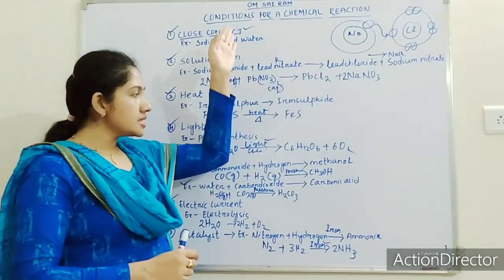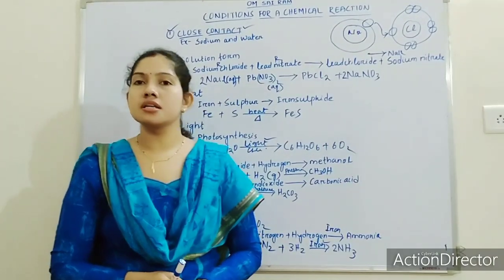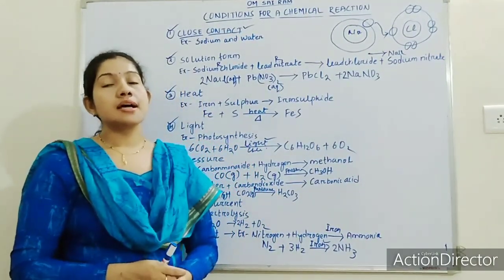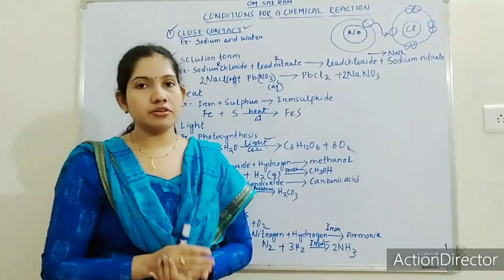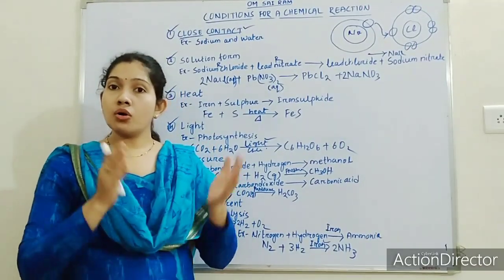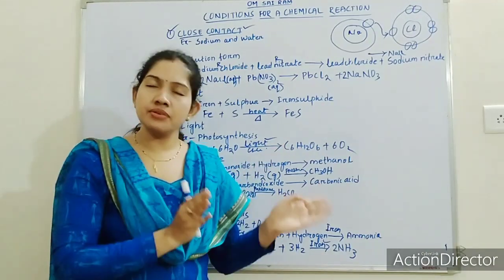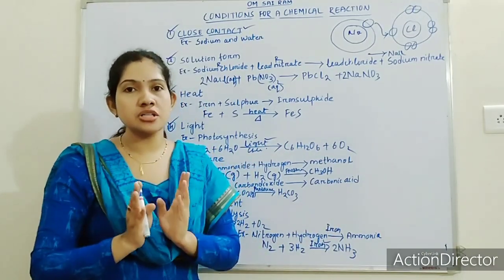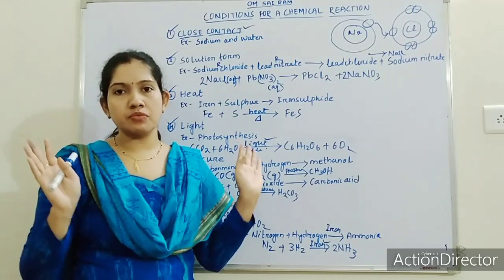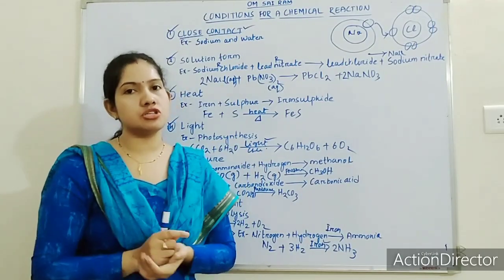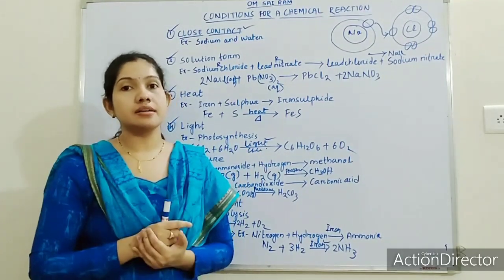Okay, so these are some of the conditions which are necessary for a chemical reaction. And again remember, all the conditions are not the same for all the reactions. Different reactants need different conditions, and some of the examples we have discussed, there are again so many equations that we have to read later on.